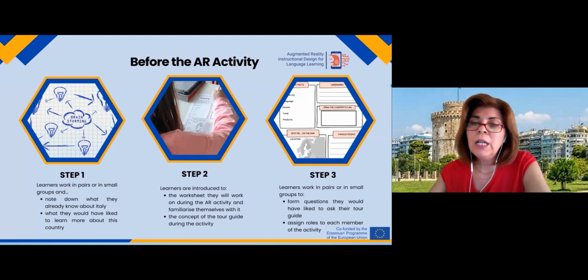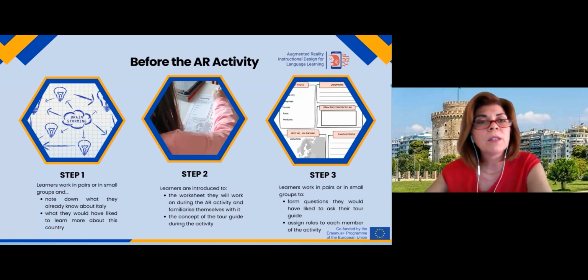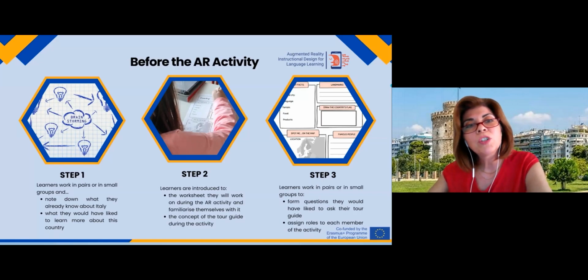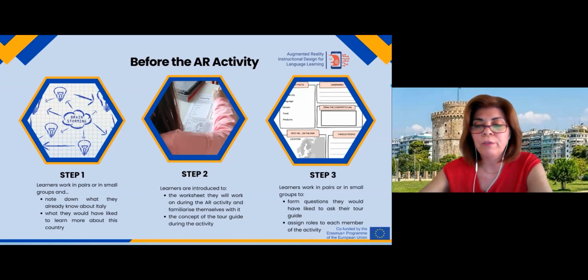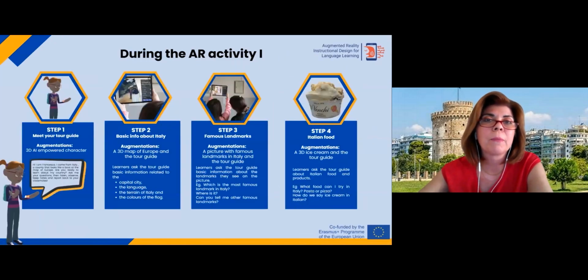Finally, learners had to work closely to form questions they would like to ask their tour guide. And they had to assign roles in their groups: who would take the notes, who would make the questions, who is going to hold the actual device. These things are very important when you have a group of young learners, as in our case.